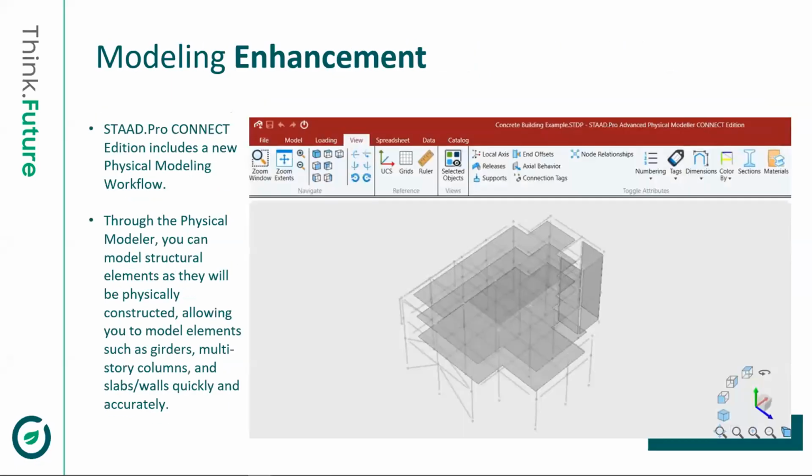Okay. So in physical modeling, STAAD.Pro Connect Edition includes a new physical modeling workflow. Through the physical modeler, you can model structural elements as they will be physically constructed. Like in the analytical model, as I've shown you, it's basically a representation of lines or nodes. So you cannot see the slabs like it is representing in this picture.